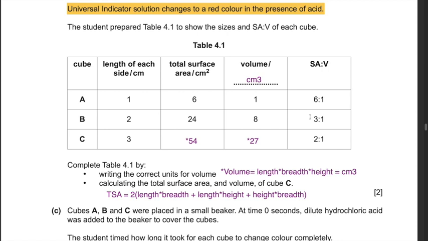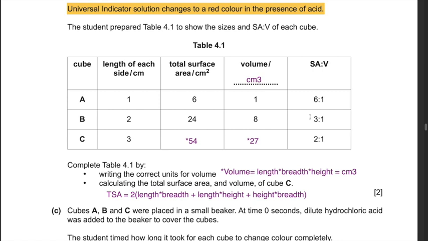Well, how do you find out volume in the first place? Volume is equal to length times breadth times height. So if each of these measurements are in centimeter, centimeter times centimeter times centimeter would lead you with centimeter cube. So the unit for volume is centimeter cube or cm cube.